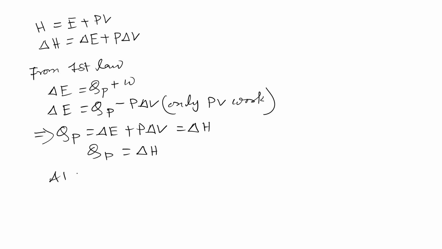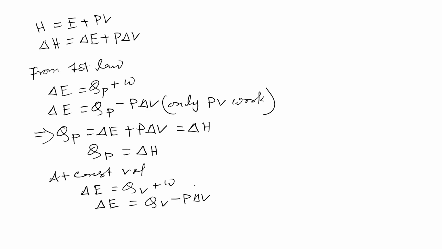Now, at constant volume, once again from the first law, delta E is equal to QV plus W. So delta E is equal to QV minus P delta V, when I am considering only the pressure volume work or mechanical work, but at constant volume delta V is equal to 0.